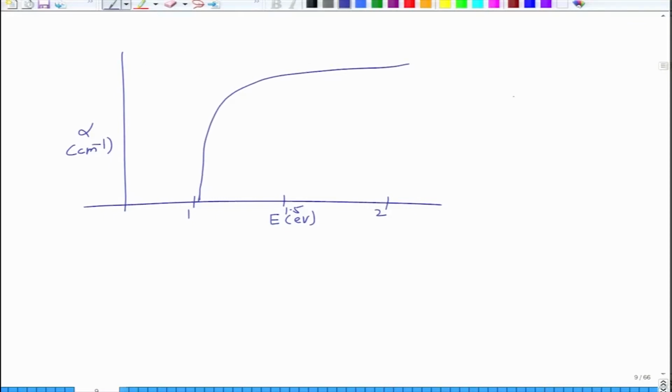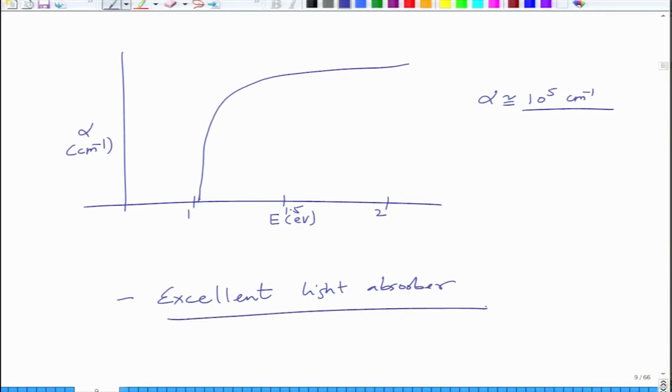The values reach about 10 to the power 5 centimeter inverse in the useful range. So, it is a very good, excellent light absorber. Most of these materials are very good absorbers as against silicon.